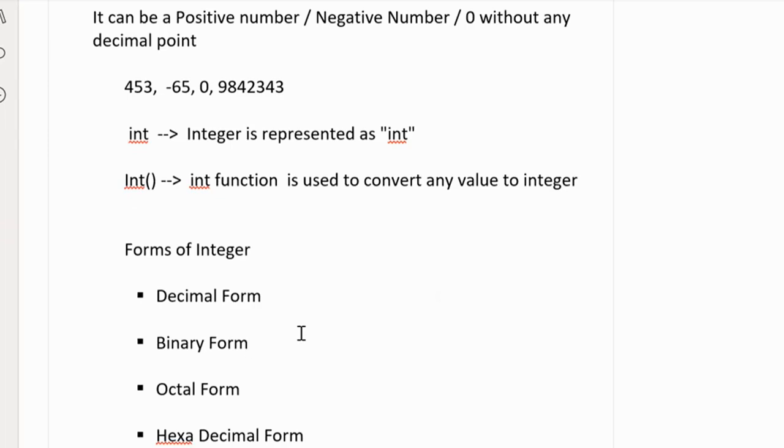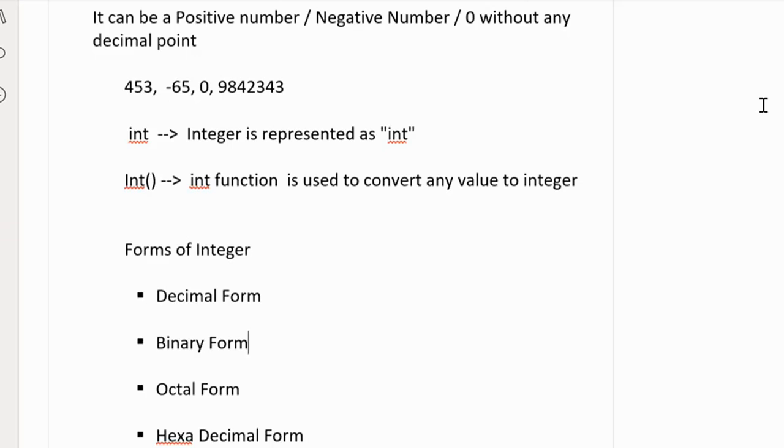For example, if I ask you what is the distance between India and US, or Hyderabad and Delhi, and you say 3,000 or 9,000 or 6,000, whatever you are saying, that is called a decimal form. Whenever you are using a number system in a general format, that is called a decimal form.